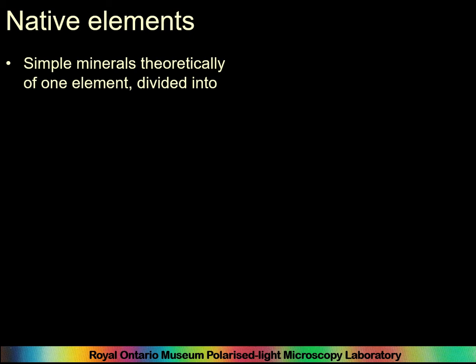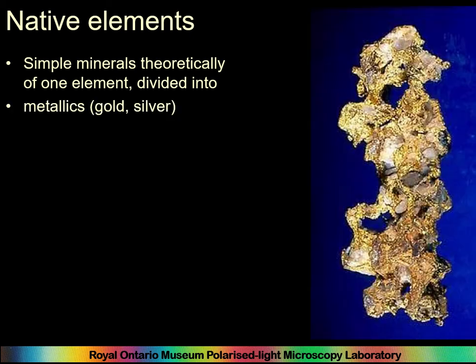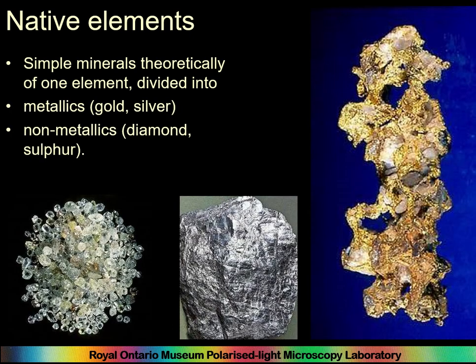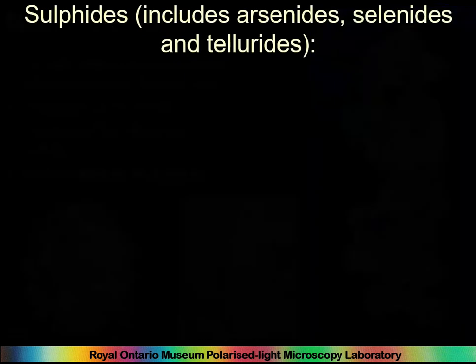The native elements, for instance, can theoretically be of one element, divided into metallics like gold and silver, and then non-metallics like diamonds and sulfur. And of course, we don't get a lot of these in the thin section, so don't worry about it. Not important in pottery, yeah, that's what I just said.